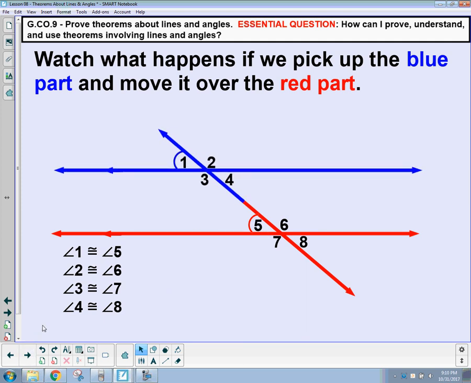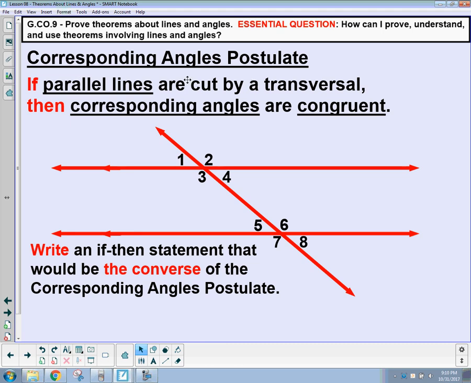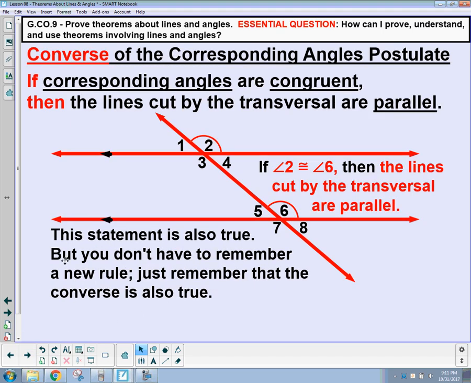So, corresponding angles postulate. If parallel lines are cut by a transversal, then corresponding angles are congruent. Right? Write an if-then statement that would be the converse of this corresponding angles postulate. The converse would be: if corresponding angles are congruent, then the lines cut by the transversal are parallel.